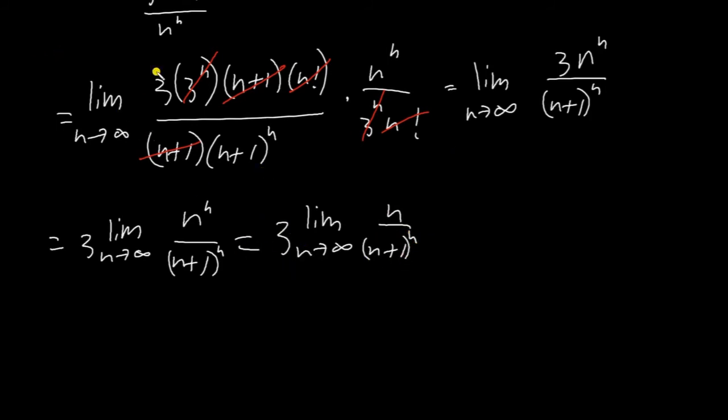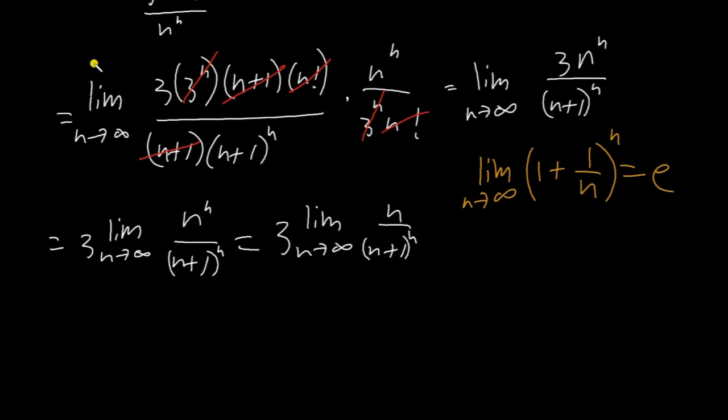I'm going to remind you of a certain limit that you may have seen before. This limit here. You'll notice that our expression, n over n plus 1 to the n, looks kind of similar.